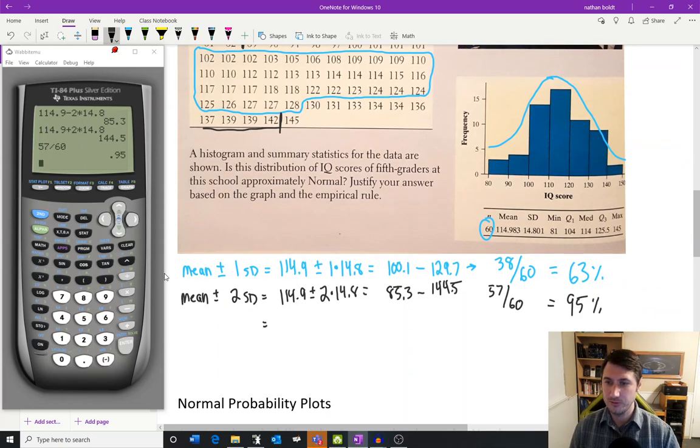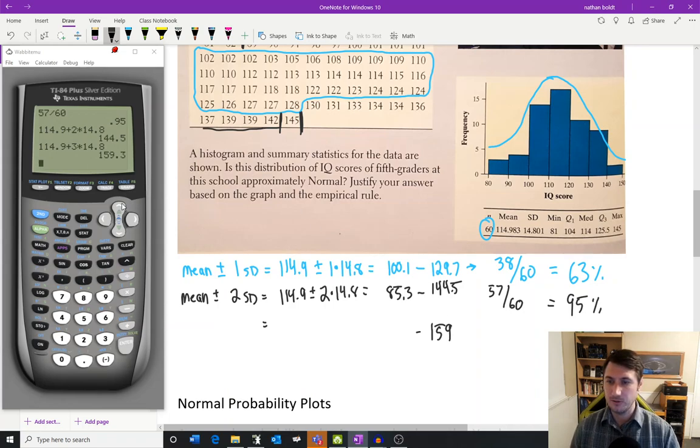Now we're going to do 3 standard deviations. So this is the upper value. Oops. Why didn't that change to a 3? There we go. So now I'm going 3 standard deviations up. That puts me at 159, which definitely goes all the way to the top. So I'm going to have 100% on that side, it looks like.